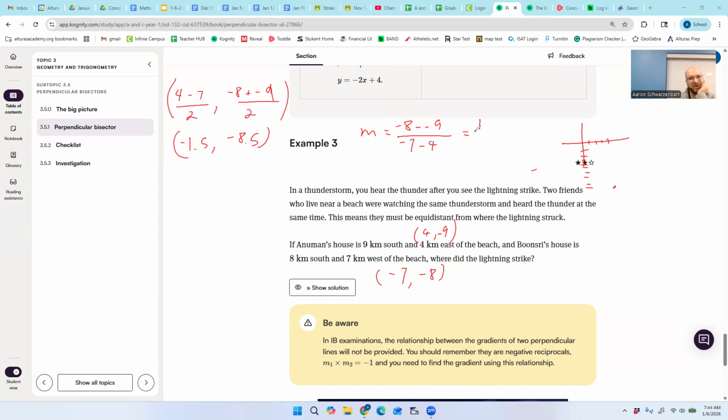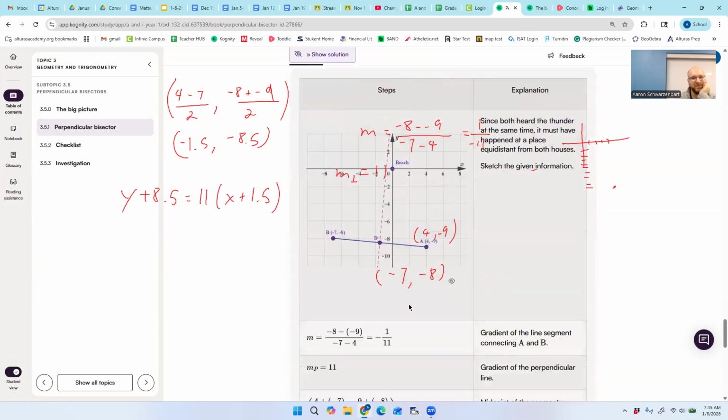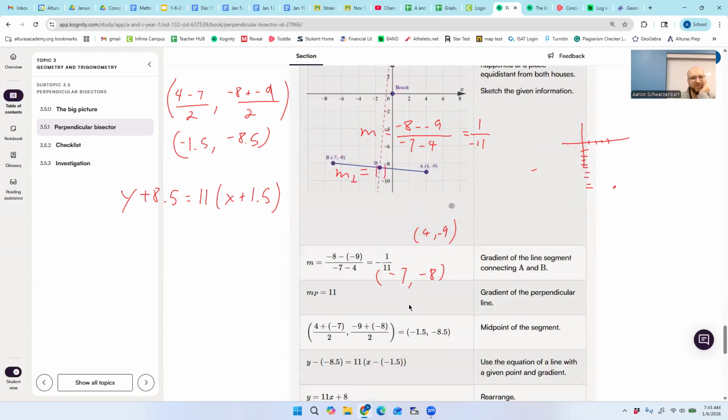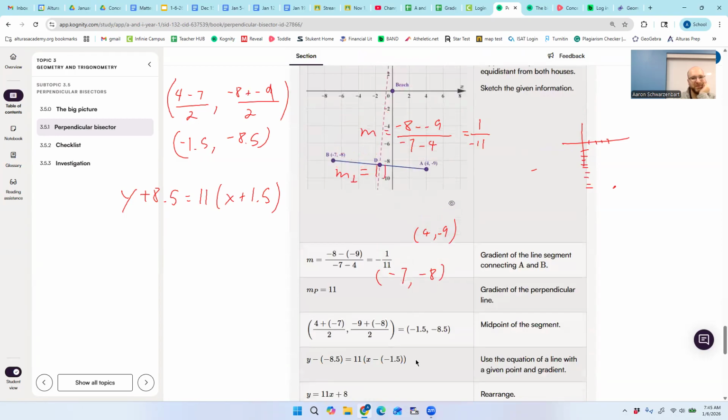That becomes +1 or -11. The perpendicular slope is then going to be 11. And my equation for the line is that. And there we have that.